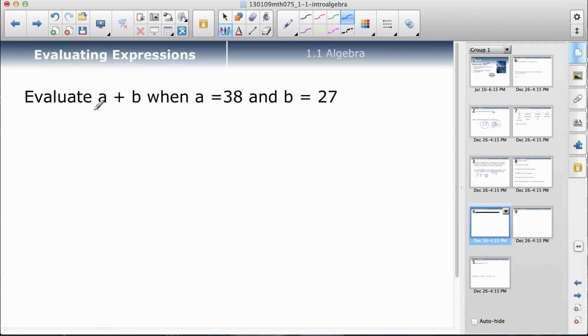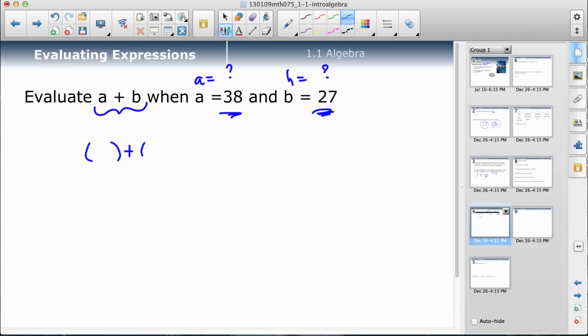So it says evaluate this algebraic expression, a plus b, when a is 38 and b is 27. So I guess they're indicating that a could be another number or b could be something else. In this case, they want these two in there. Now, whenever I do any kind of substituting in, what I like to do is where the a is, I put a bracket in.